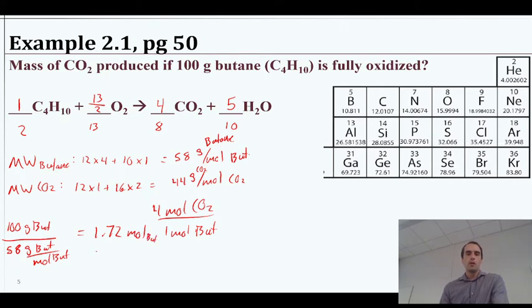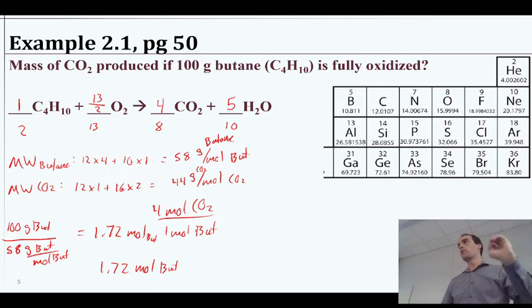Okay, so then we can take that 1.72 moles butane, and here's why I'm repetitively writing it all out for you. I don't always do it, but especially if I'm at all confused or needing to closely track what's going on, it really helps to write it all out.